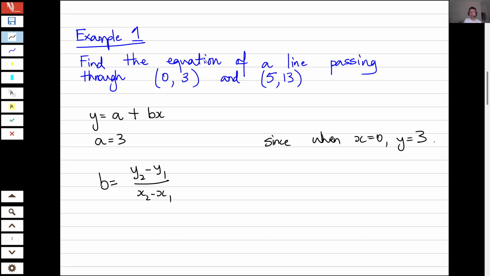And if it helps you, you can label them. So I'll call this point x1, y1, and I'll call this point x2, y2. So the slope is going to be 13 minus 3 divided by 5 minus 0, which is 10 divided by 5, which is 2.